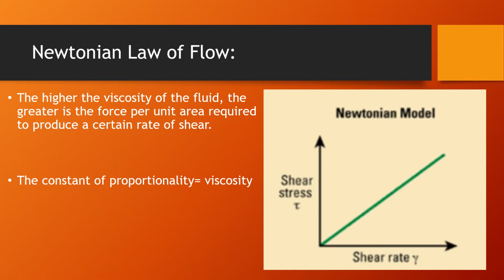So the more the viscosity of the fluid, the greater is the force required to produce a certain amount of deformation or a certain rate of shear. The constant of proportionality is called viscosity. In the graph, on the y-axis there is shear stress and on the x-axis there is shear rate. It is a linear relationship and the constant of proportionality is called viscosity.